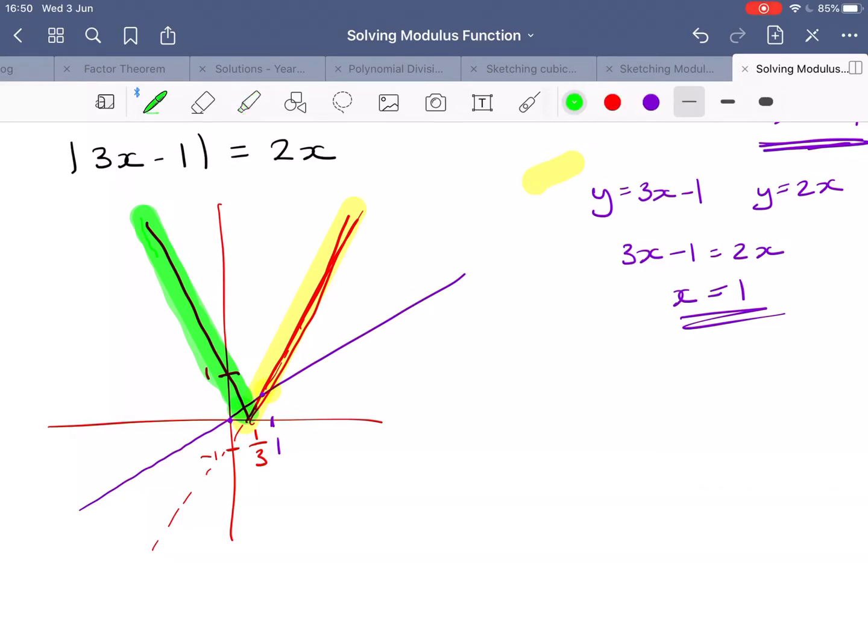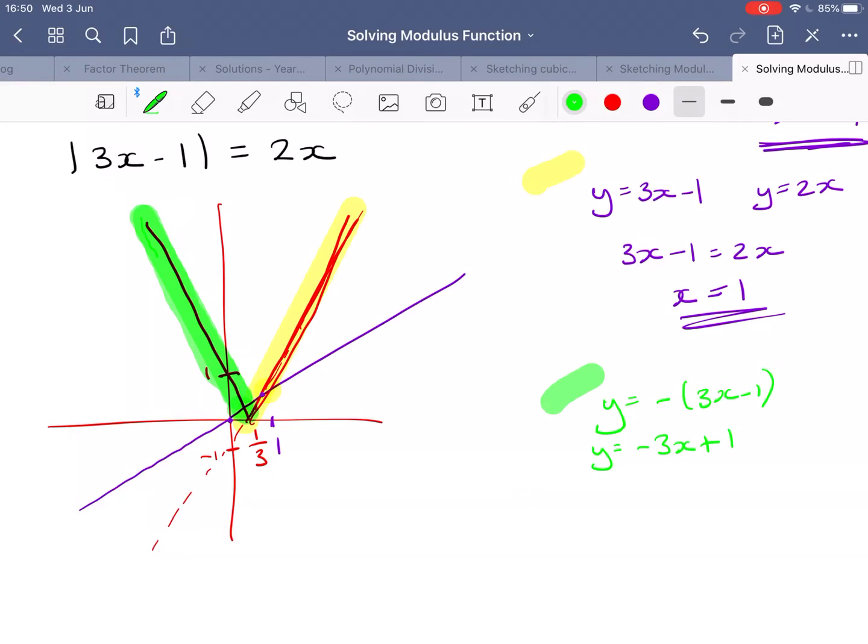Well, because it's the negative, because I had to reflect it in the x-axis, the equation of that part is going to be y equals the negative of 3x minus 1. So effectively, the equation of that part of that line is minus 3x plus 1. Don't forget you're doing that negative of take away 1.